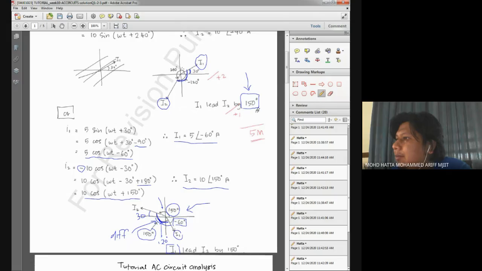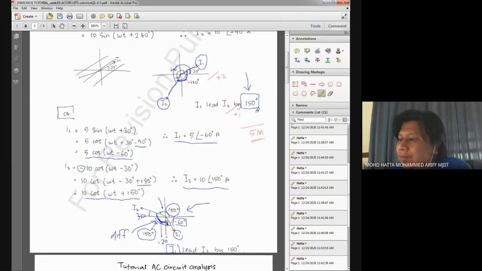That is based on the difference you see from this vector and this vector. Although you see here, over here is 240. However, the way we determine the phase angle, you should go in the counterclockwise direction from the first vector to the second vector.